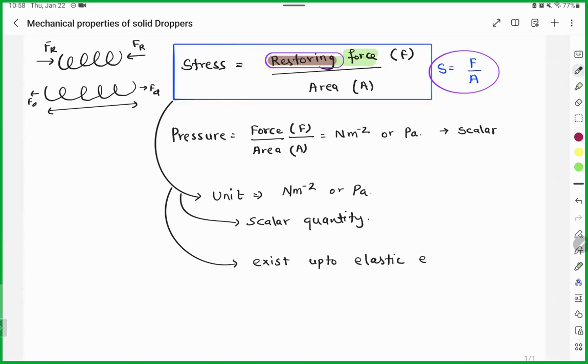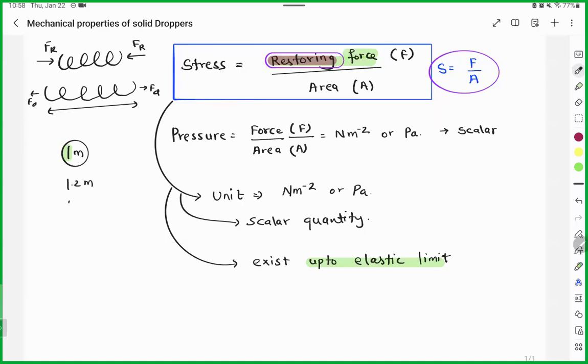Elastic limit means the limit or range in which the restoring force is acting properly or elasticity is working properly. Because once you cross the elastic limit, example, you had a 1 meter spring. If you stretch it out up to 1.2 meter, it will return back to the original position.